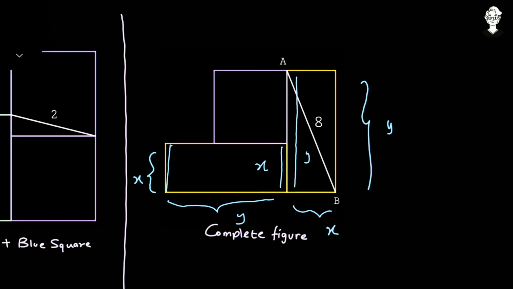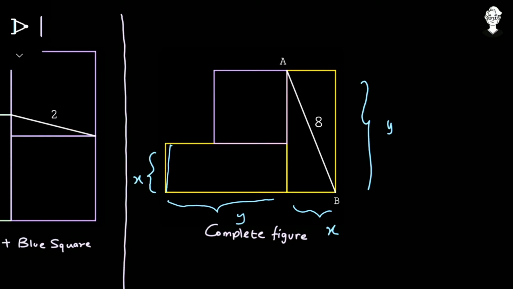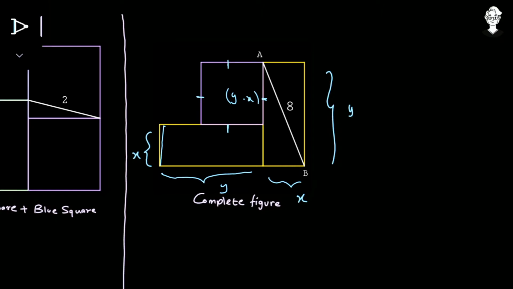So the complete length is y, some part is already x, so the remaining part will be longer minus the shorter. Longer is y, shorter is x, so it is y minus x. The side length of this square is also y minus x, and that's also y minus x because it is a square. So the first step, marking of the variables, has been done.